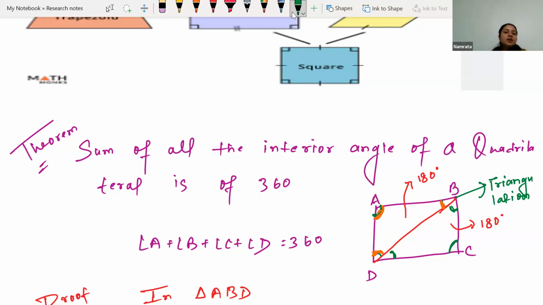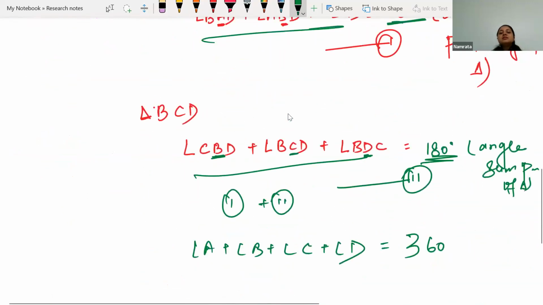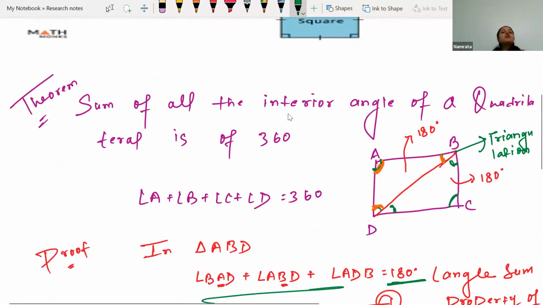This concept may not be in your question paper, but you should know this word, that this is called triangulation, to cut a quadrilateral into two triangles. So this is the theorem, how we prove that the sum of all the interior angles of a quadrilateral will be 360 degrees.